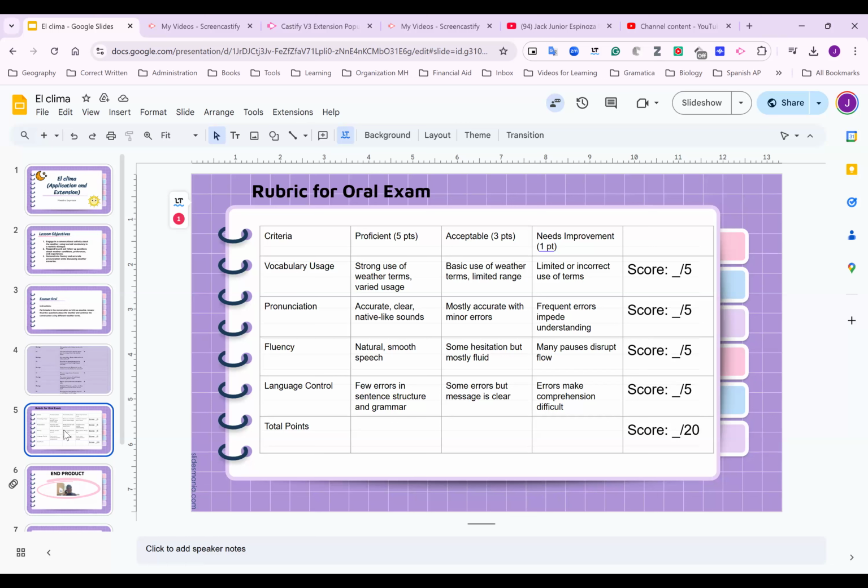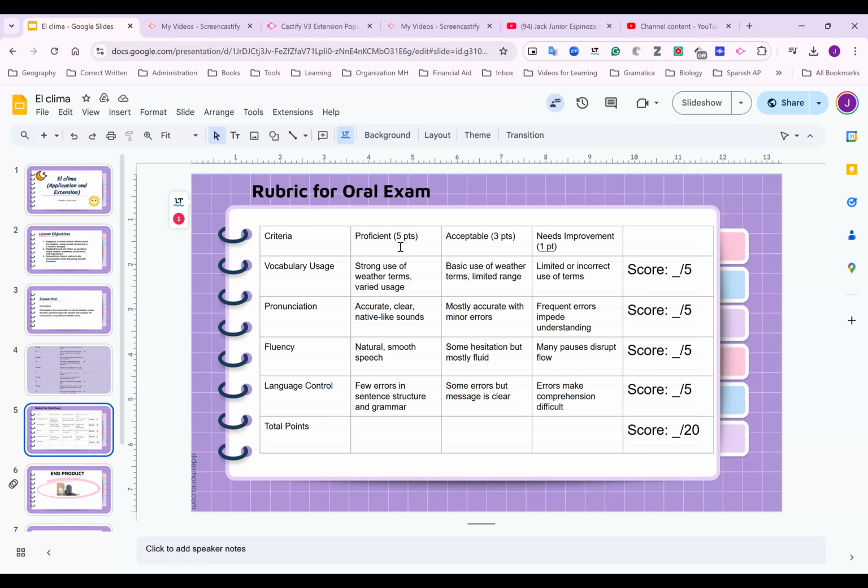This is how you will be graded for the oral exam using 4 main criteria. For the vocabulary usage, this is about how well you use the weather vocabulary. To earn the highest score of 5 points, you should use a strong variety of terms we learned, showing that you can describe weather in detail and naturally, using a mix of words like hace sol, está lloviendo, or hace frío, instead of repeating the same terms.